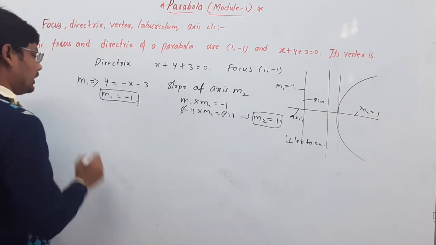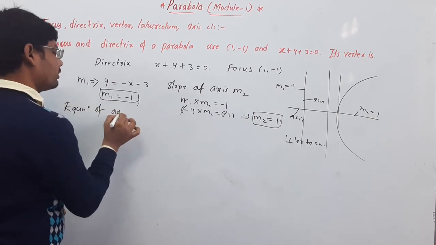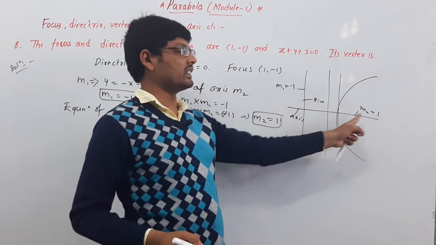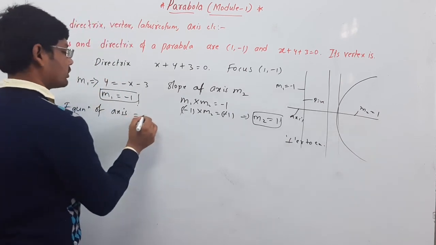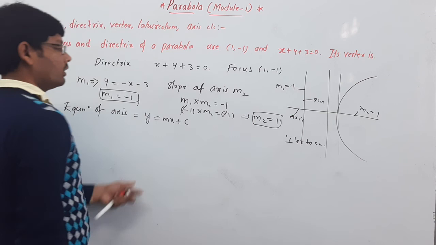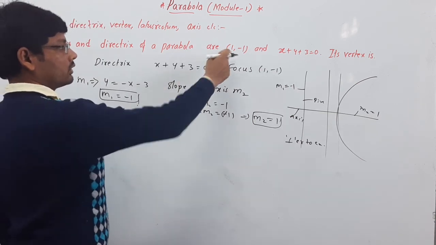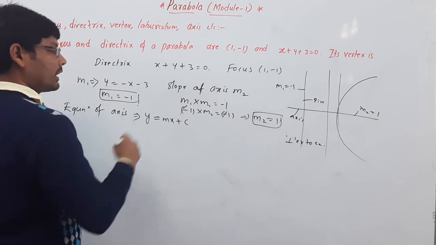After getting the slopes, we want the equation of the axis. The equation of a line is generally y is equal to mx plus c, and it is passing through the point (1, minus 1).